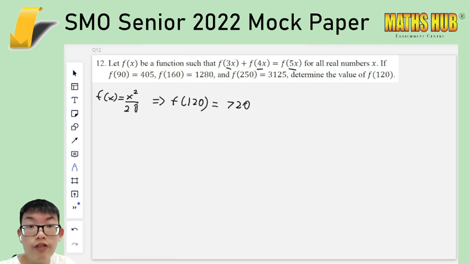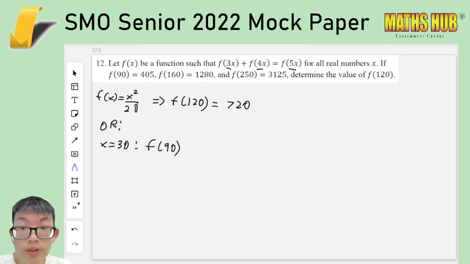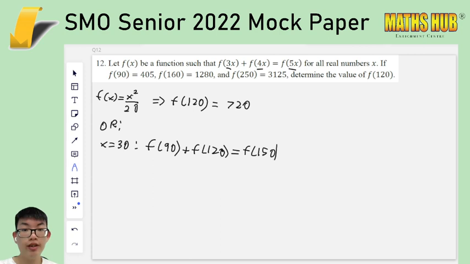You see 3, 4, 5 here, we want to get 120. The first thing I can put in is something like x equals 30. Put in 30, you get f of 90, which we know, f of 120, which we want, is equal to f of 150, which we have no idea about.